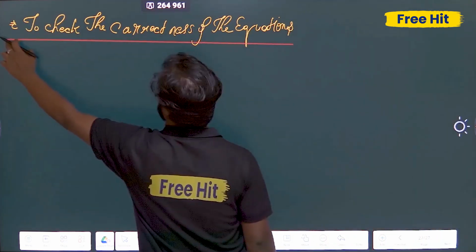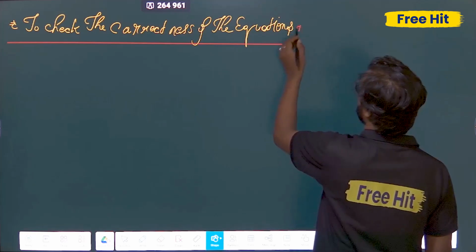Clear? It is used to check the correctness of the equation.